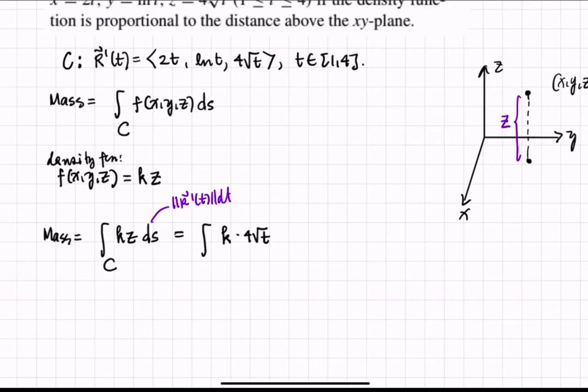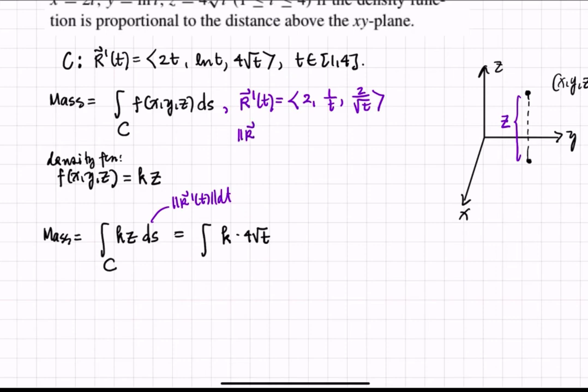So, let us compute for r prime of t. Gusto ko violet. 1 over t, 4 over 2 square root of t, which is 2 over square root of t. And what is the magnitude?